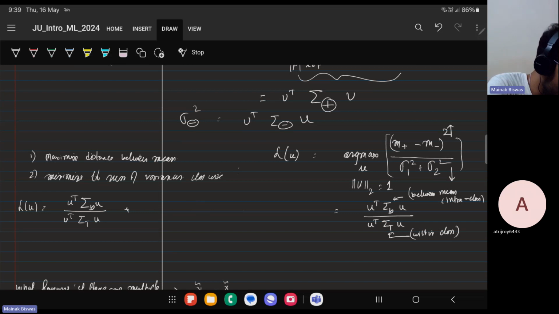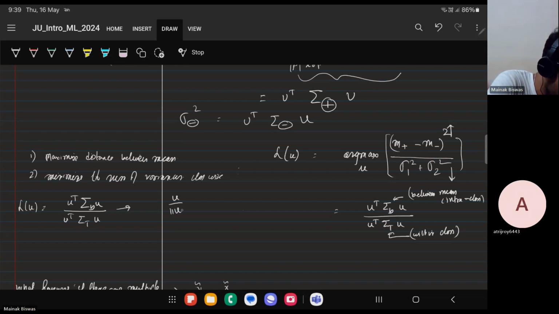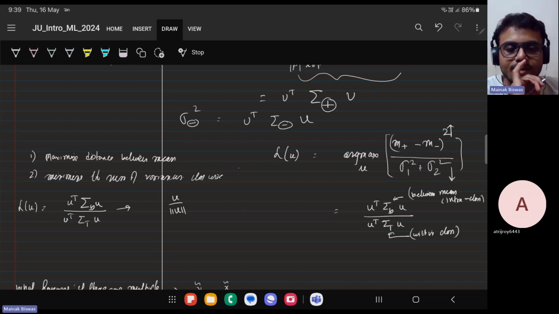We'll see why it will be solved without even the Lagrangian. Let us say that U we are not considering unit for the time being. You will make it unit after. After you solve this, you convert it into a unit vector. This is the step I will do. Here, I don't need to do it.